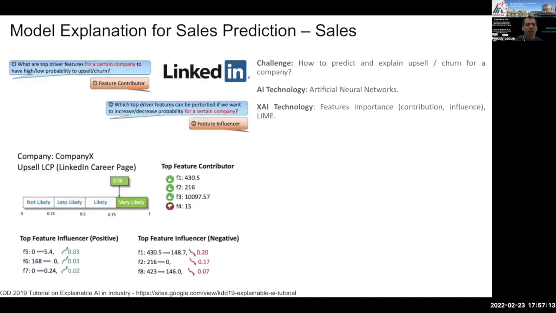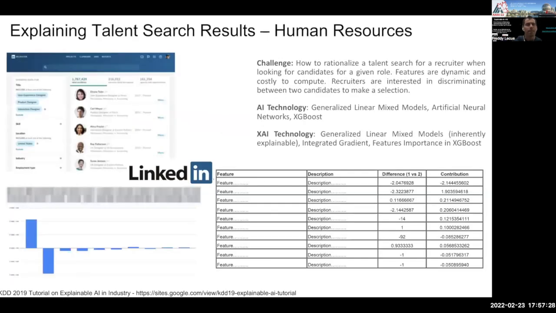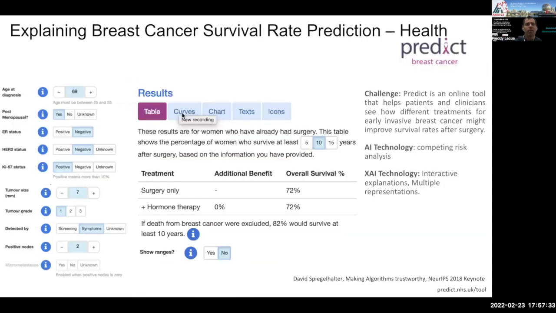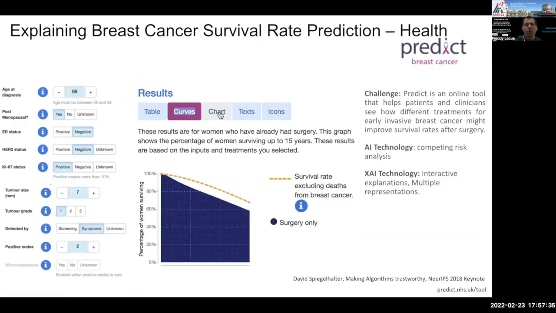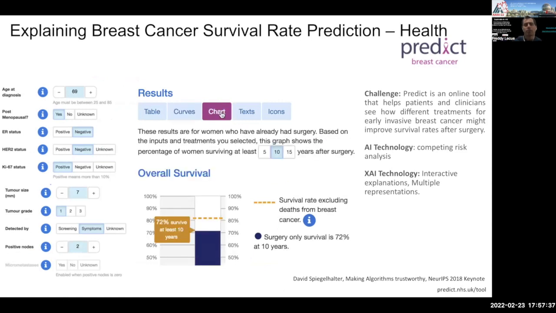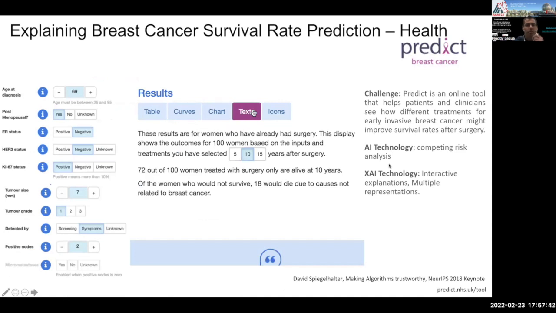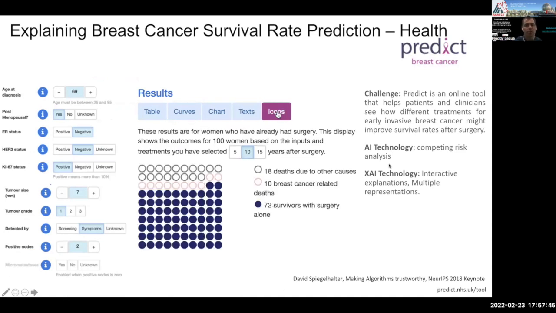Yeah, and other techniques on sales predictions are being used. So they provide the companies and try to predict sales and find which features are the most important. So here they are based on contributions, feature importance and LIME, talent search space, human resources again, and some work on breast cancer survival rate predictions, trying to get a sense of what might be the explanations, and you get the textual representation and a bit more further analysis.